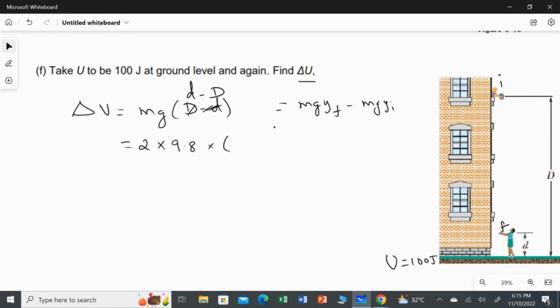Here y is nothing but this distance I mentioned. Clear? So the final position distance is small d and the initial position height is exactly caps D. So when you substitute the values, small d is 1.5 minus 10. Again you will get the negative value, because we studied that work is equal to the negative of the change in potential energy. So you will get minus 166.6 joule. Clear?